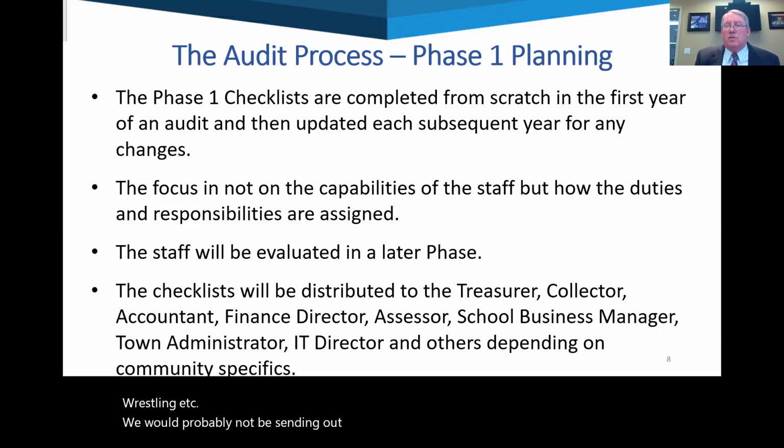It'll be more of a conversation with the IT, with the treasurer, with the collector, with the accountant and finance director, school business manager, to find out if any major changes occurred in your system. We're not asking right then for documenting the systems, but it's important to know if there's a staff member change. And you don't have to fill them out in totality.